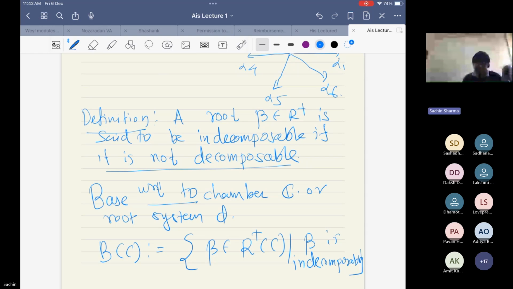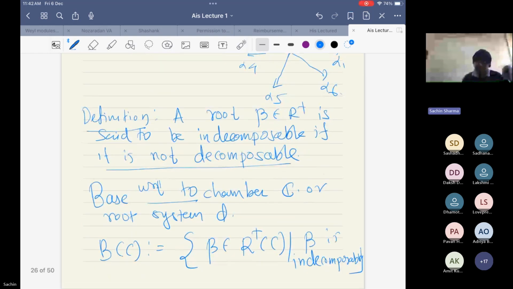It's very important. We are going towards the indecomposable roots, and they play a pivotal role in the theory of Lie algebras and root systems.